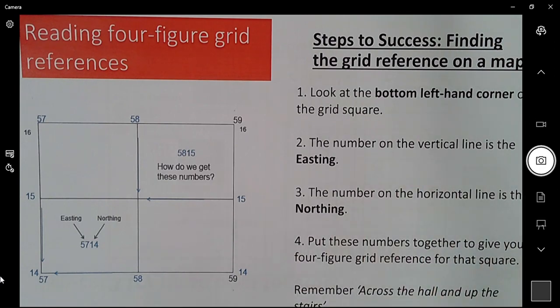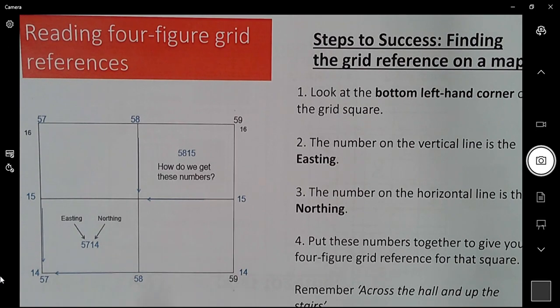So if you look at the bottom corner of the grid square, the bottom left hand corner, you can see there's 2 numbers here. The number on the vertical line is the one going across, that is the easting. So the easting is 57 and the northing is 14.